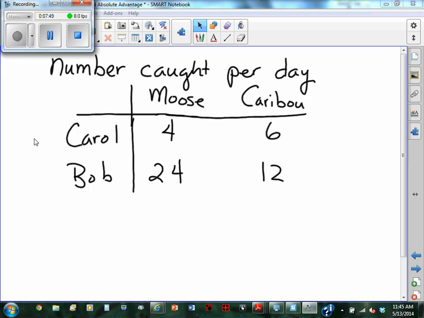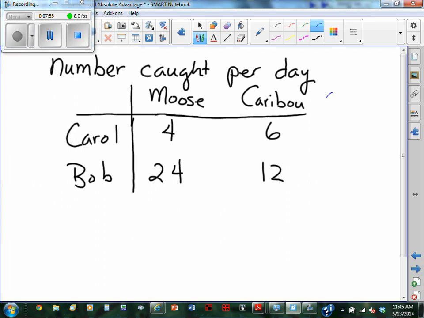So the pattern we're looking for here to determine opportunity cost: the opportunity cost for 1 unit of A is going to be the amount of B that we could produce divided by the amount of A that we could produce. So A, B, A. Opportunity cost of A is B divided by A.